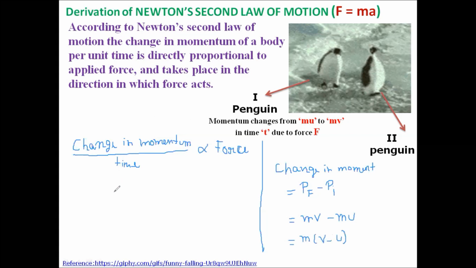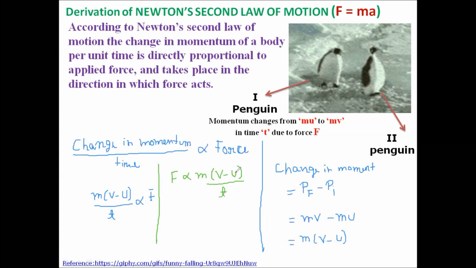So in place of change in momentum, we can write m(v minus u) by t, and it is proportional to F, or we can write F is proportional to m(v minus u) by t.